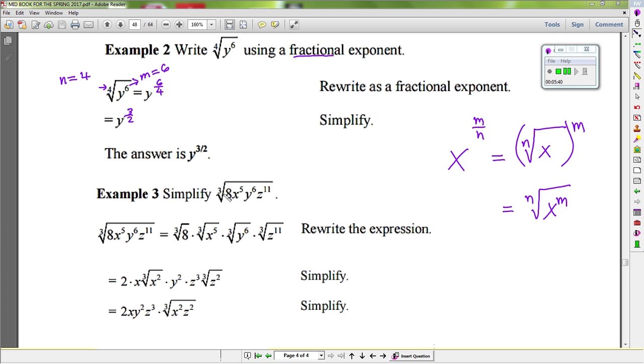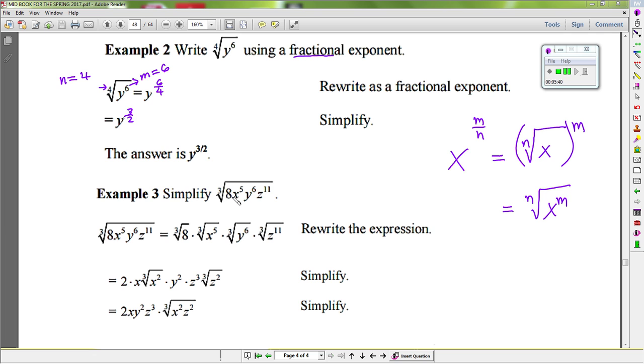So in this example, you have the cube root of a times x to the power 5, y to the power 6, and z to the power 11. So the first thing you're going to do is go ahead and break each one of these up.